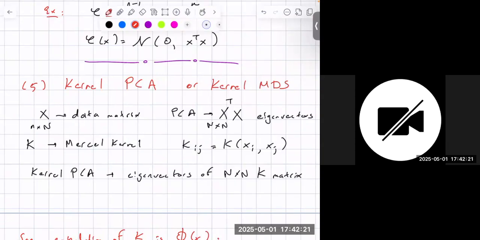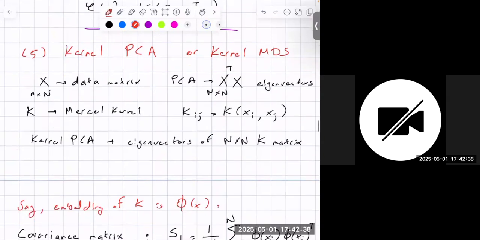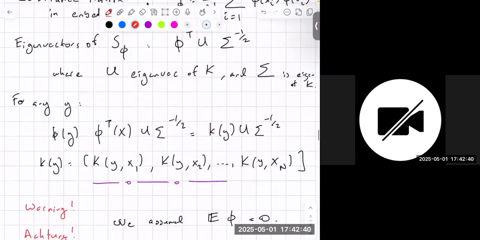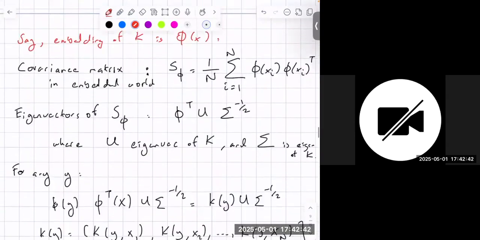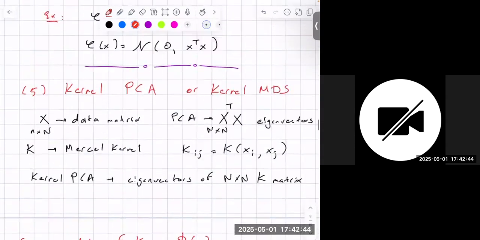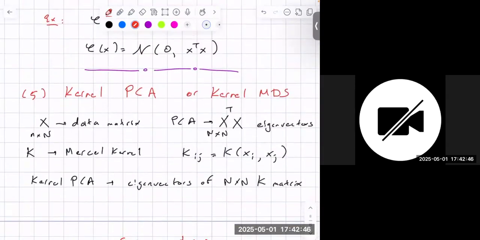Instead of the matrix in PCA, which was given by dot products of my vectors, I'll use my kernel matrix and try to do an embedding using it as a loss function. That's what I would like to do. There's a lot of math coming into here, but I think this is good enough for today.